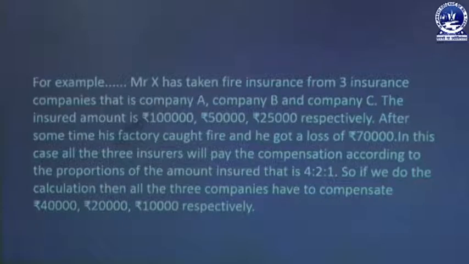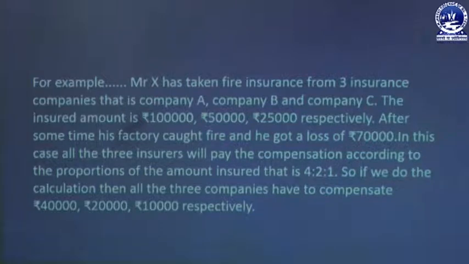Here the example is, Mr. X is the owner of a factory. He has taken fire insurance from 3 companies, that is company A, company B and company C. For company A, the insured amount is 1 lakh. For company B, the insured amount is 50,000, and for company C, the insured amount is 25,000. After some time, his factory caught fire and he had a loss of 70,000.